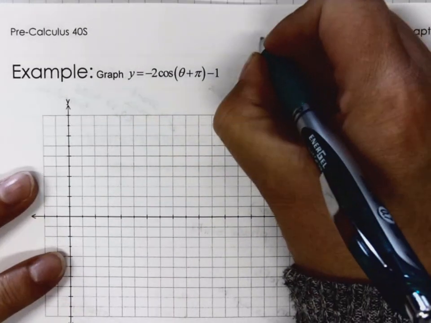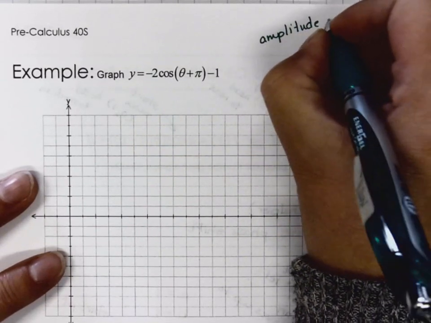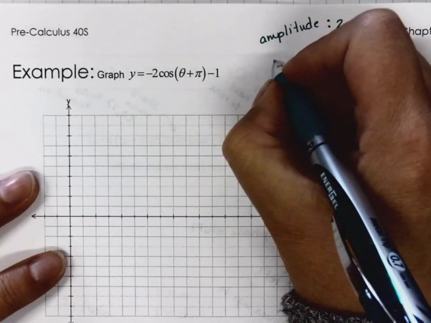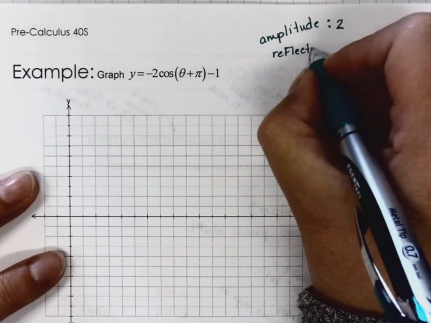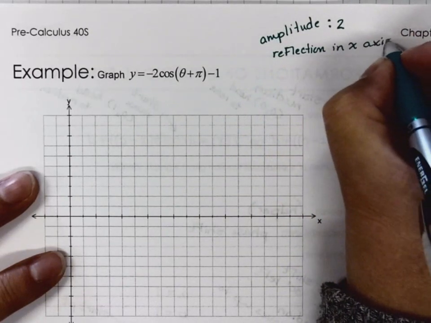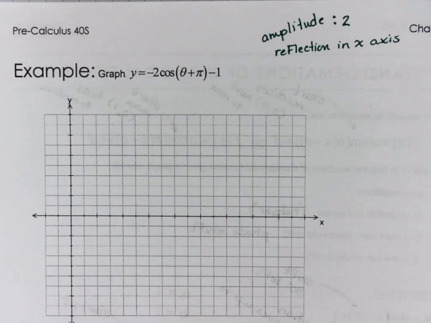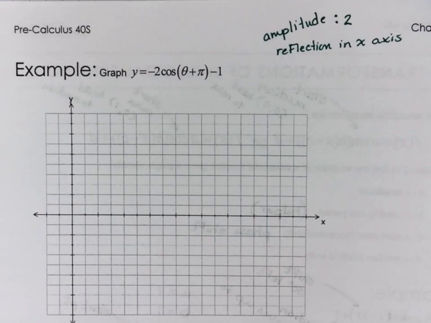So, I have an amplitude of 2. I have a reflection in the x-axis. I'm going to tell you guys we don't do a lot of reflections in the y-axis for these. We keep it to one set of reflections. Just makes it a little bit easier for you.